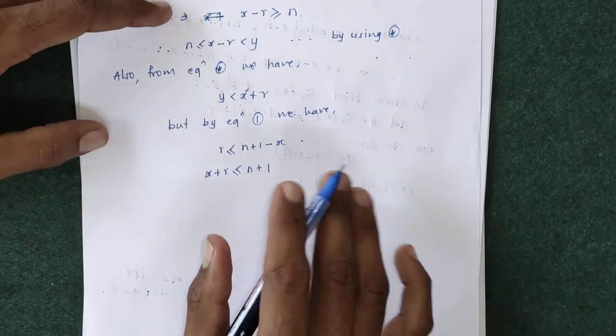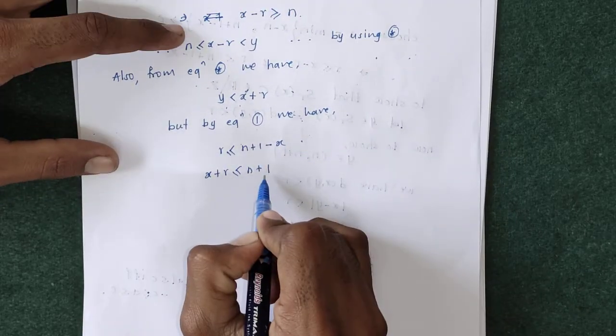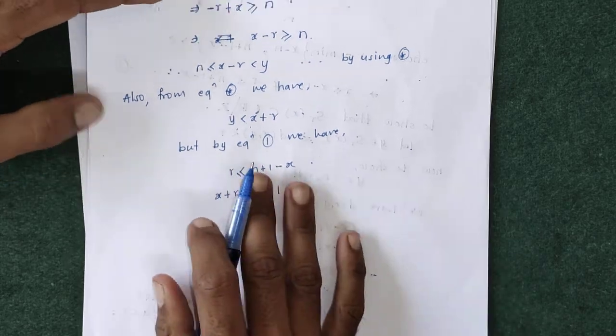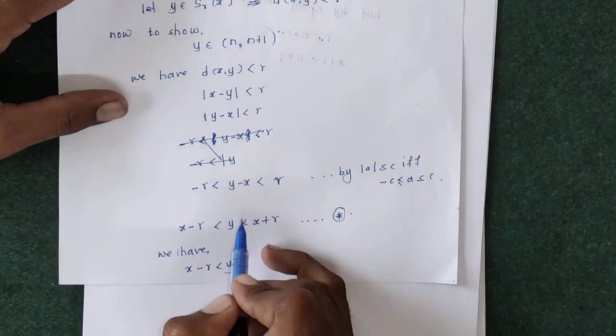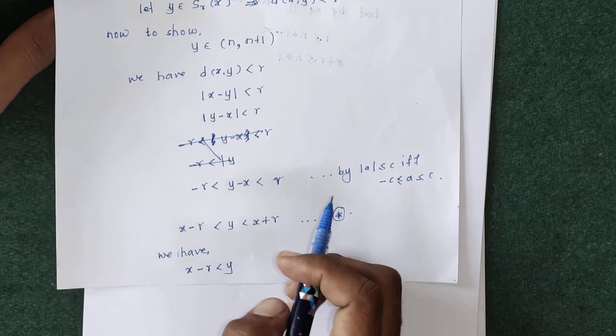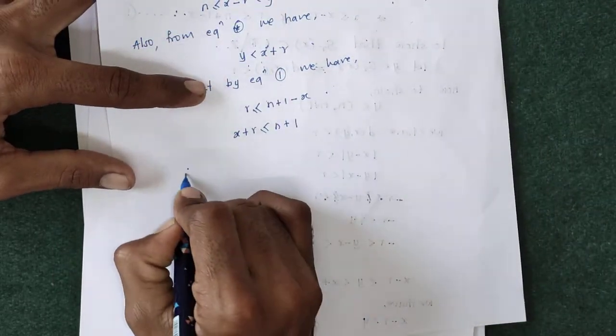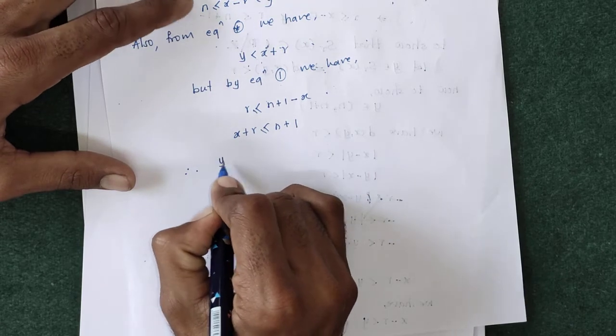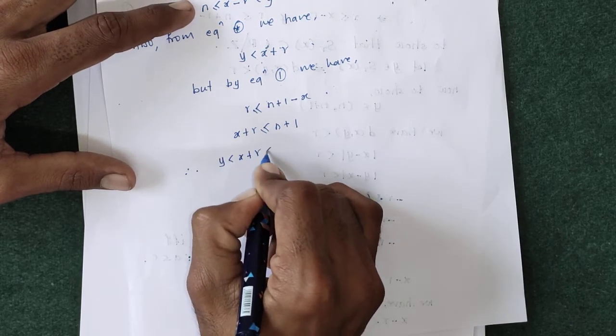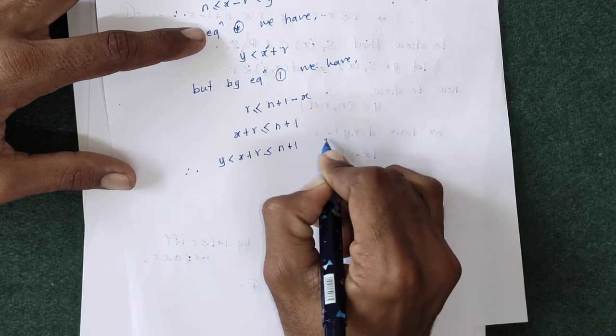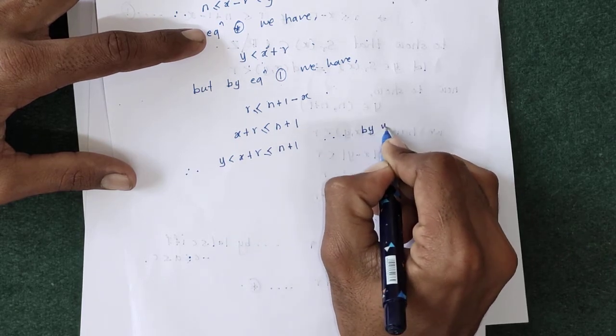Again by equation star and using this, we can write y is less than x plus r, which is less than or equal to n plus 1, by using equation star.